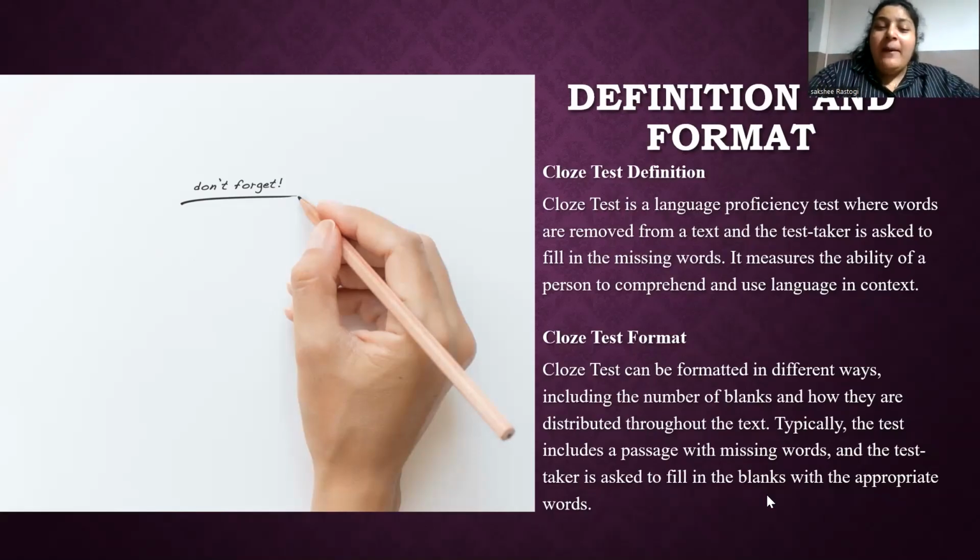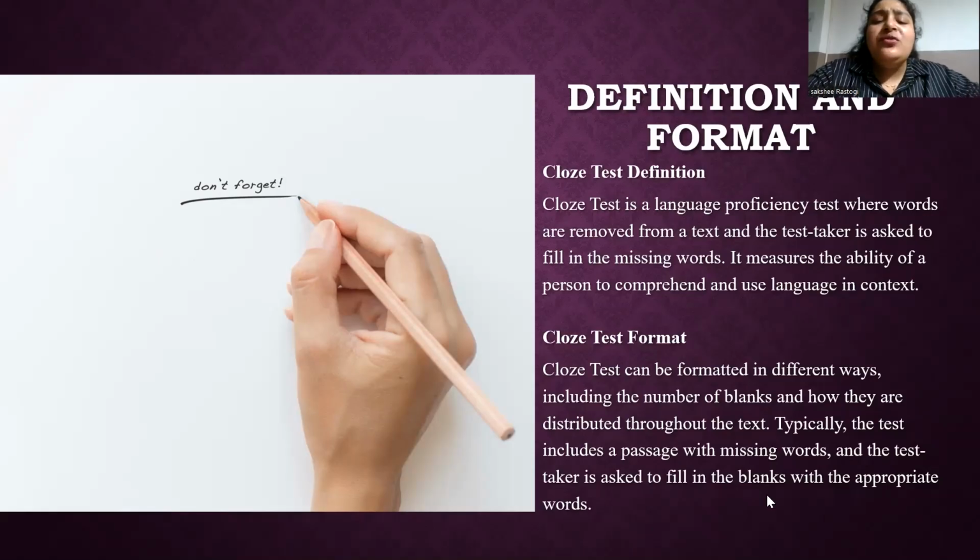Vocabulary, just knowing the meaning of words and phrases. Grammar, understanding how words are arranged to convey meaning. Fluency, this is the ability to read and understand the text with ease. It provides a comprehensive and contextualized assessment of language proficiency.